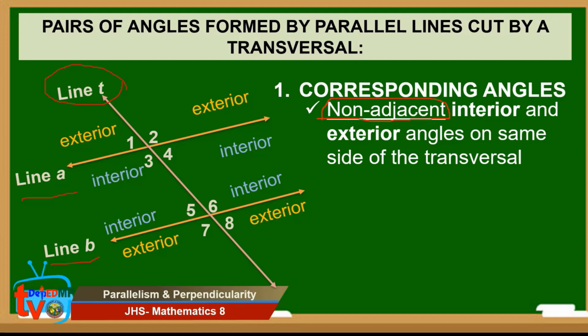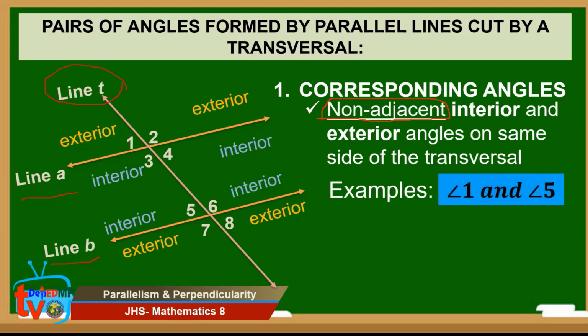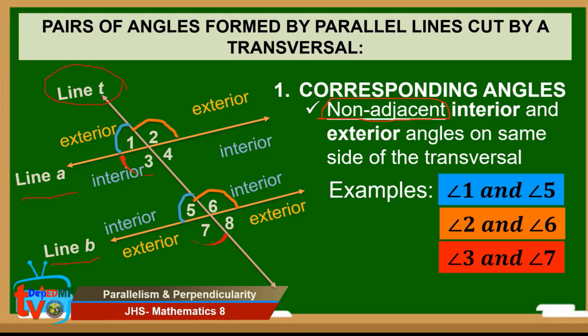So examples of corresponding angles are angle 1, which is an exterior angle, paired with angle 5, which is an interior angle. Both of these angles lie on the same side of the transversal. Other examples are angle 2 and angle 6, another angle 3 and angle 7, and another example, angle 4 and angle 8.